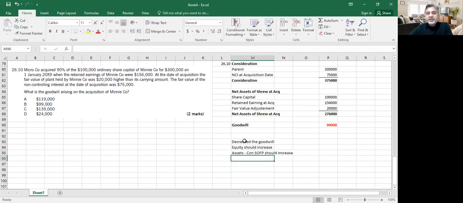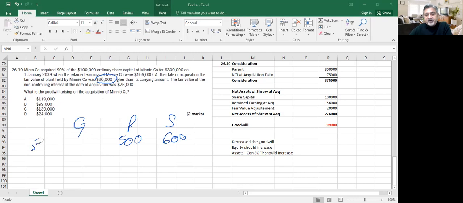For example, if parent had assets of 500K, subsidiary had assets of 600K, as a result of this adjustment, my group would be 500 plus, I'm sorry, subsidiary should not be so big. Let's call it subsidiary had 200. 500 plus 200 plus this 20 I should add. And I would not say 700, I would say 720.